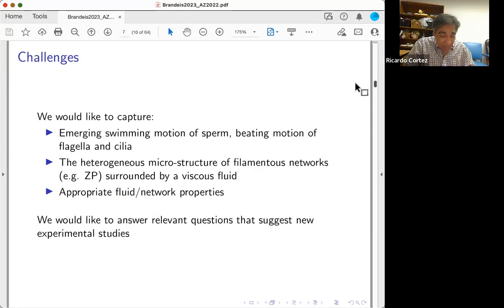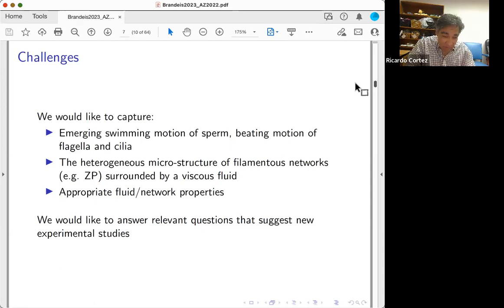And so for me, I think the challenges have to do with some of these things that I have listed here. First of all, it would be great if we have some kind of model of how the forces develop along the flagella, or along the organisms, and how these forces result in some kind of beating motion that produces swimming, so that we're not putting in a particular swimming motion necessarily, but some way of developing forces.